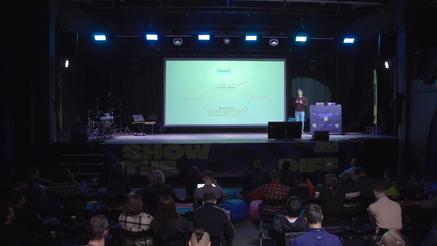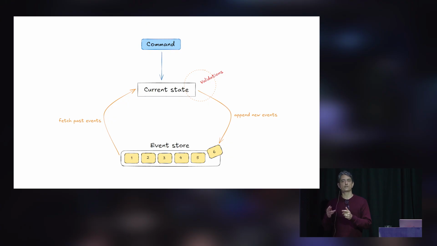So first thing I do is that I go to the event store, and the event store is a special database whose only job is to store events. So it's a really simple database. It's basically an append-only log. You can only append events to them, keyed by streams, and then you can read past events from it. That's all you can really do with it. So it can be a file, it can be a database, it doesn't really matter.